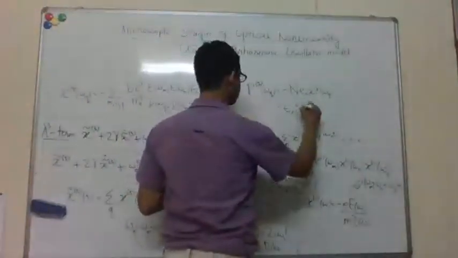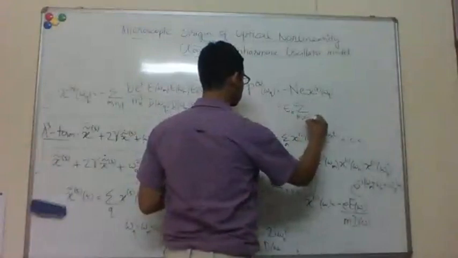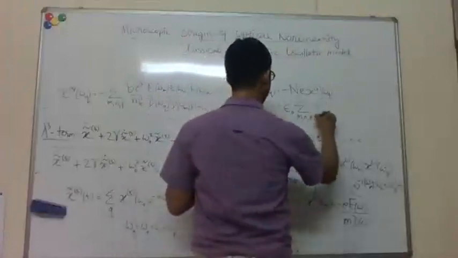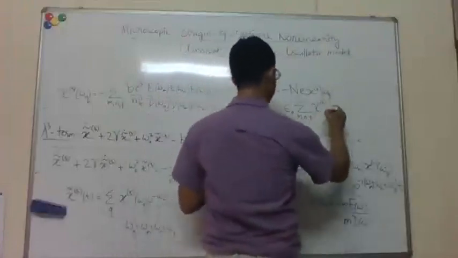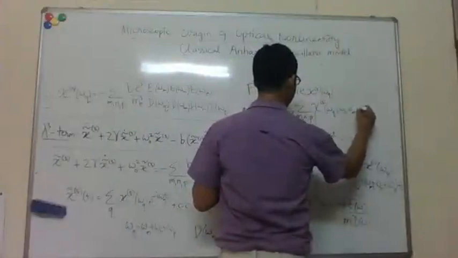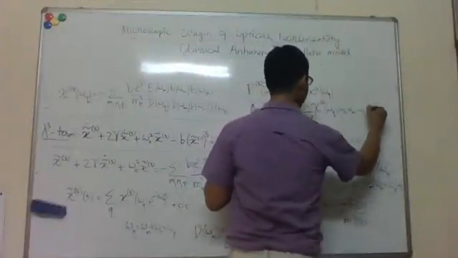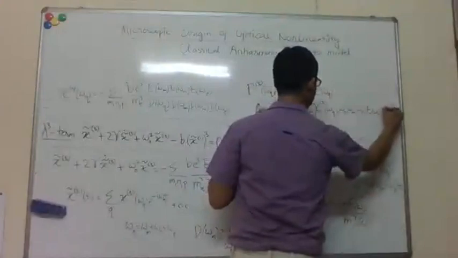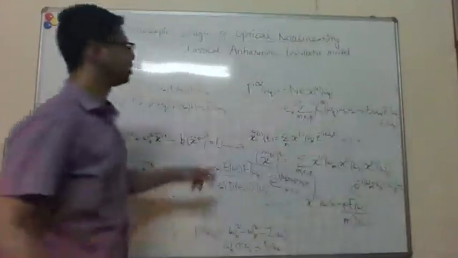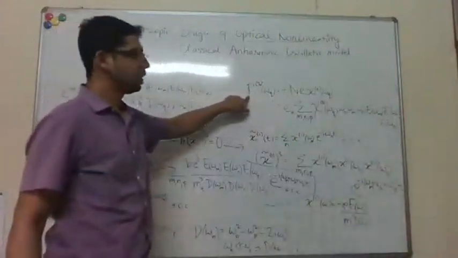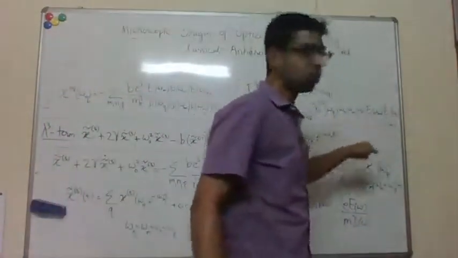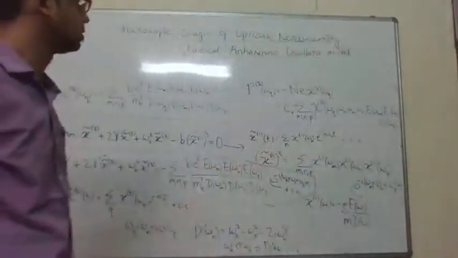remember, the third order nonlinear polarization we wrote as chi3 times the product of three electric fields.